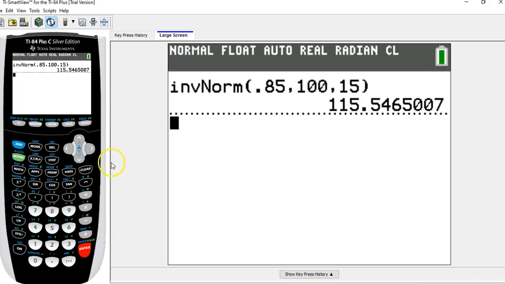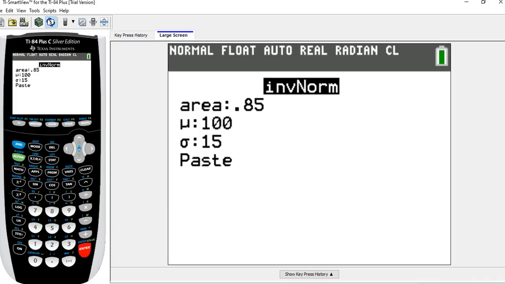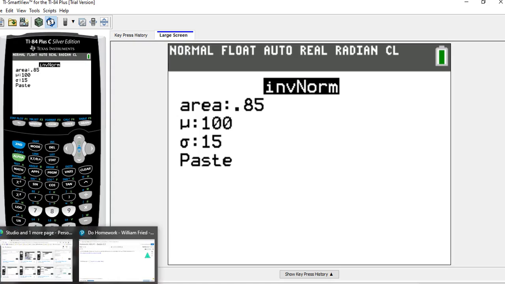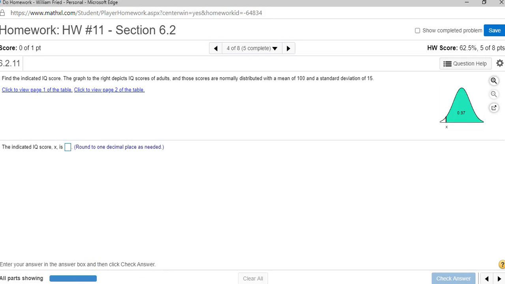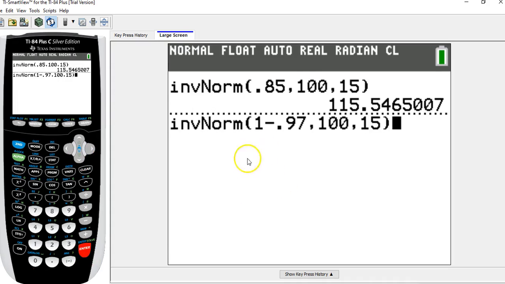So if I go back to InvNorm, the area is the area to the left, and it's 1 minus 0.97 that I want to enter for the area. The mean and standard deviation are still 100 and 15.